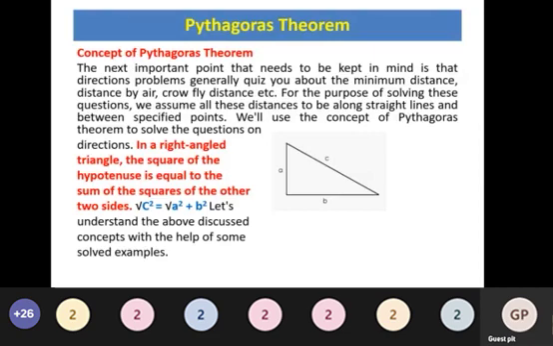For example, the hypotenuse is designated by C, and the other two sides are A and B in the diagram. So C equals the square root of the sum of the squares of the other two sides, A square plus B square, so that we can very easily solve the problems.